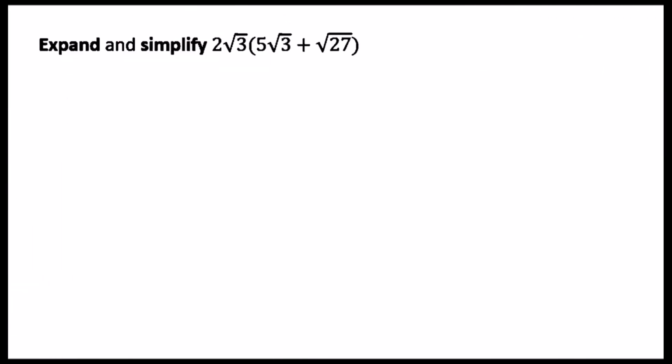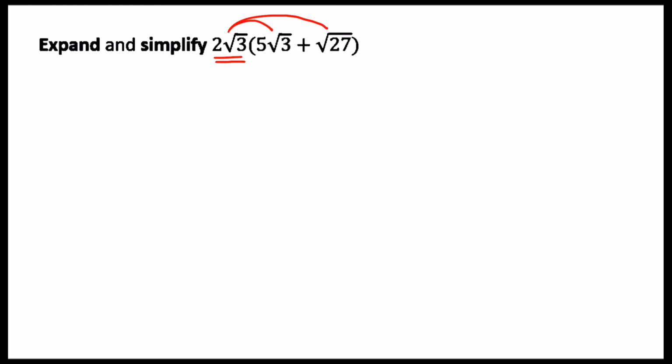In the second example, I need to do the same thing, but it's slightly more complex because we have simplified surds. So I want to times everything on the outside, that's 2 root 3, by everything on the inside. So the first thing that I need to calculate is 2 root 3 times by 5 root 3. I can do this by thinking about multiplying the number parts first and the surds afterwards.